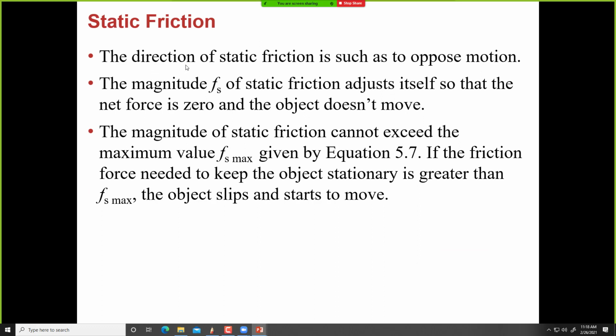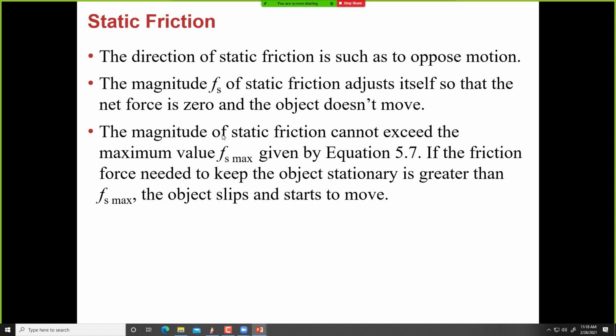So just a summary, static friction is opposite to the direction along which the object tends to move. And f_s, the static friction, adjusts itself so that the net force is 0, so that the object doesn't move.